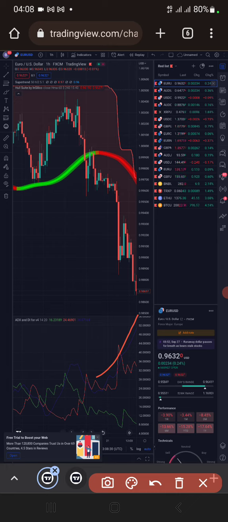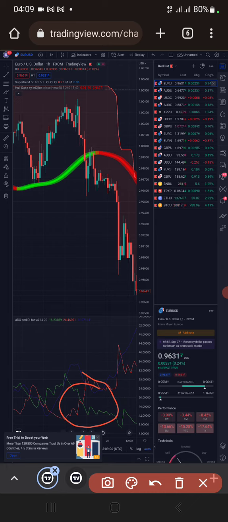So basically what you really need to take a trade is that there are just two conditions. You must have your crossover, be it your green line crosses over or your red line crosses over. If your green line crosses upward, you are in a bull market, and if your red line crosses upward, you are in a bear market.